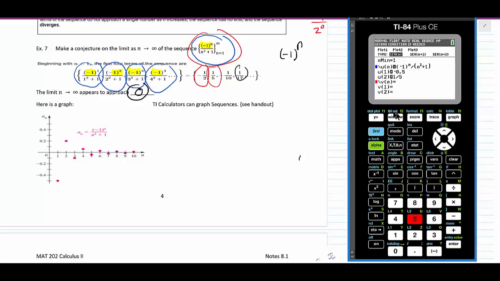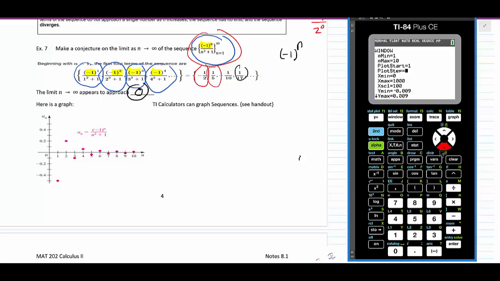Now what we want to do is go to the window. It may be on my calculator if I bypass that. So next thing is the window. Just look at what I did on my graph there. We could go n from 1 to 10. That's up to you. I'm just going to take n from 1 to 10. The plot start is at 1 and the plot step is 1. That's just where you start and you're incrementing by 1.